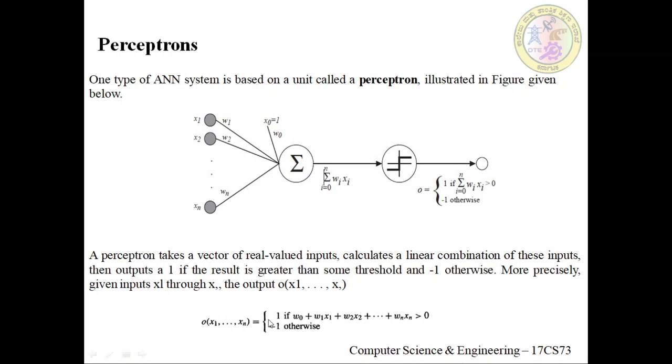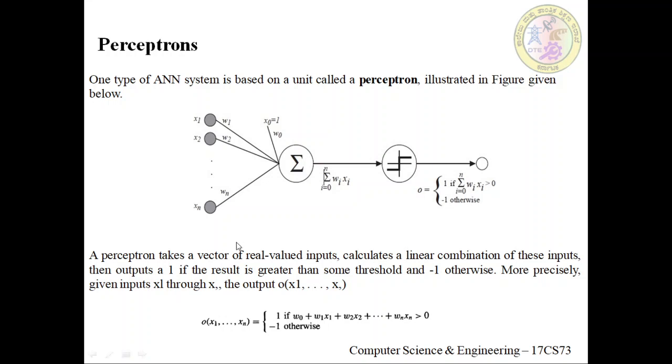Each wi is a real valued constant, which we call a weight, which determines the contribution of input xi to the perceptron output. Each input's contribution can be calculated by assigning the weight values.